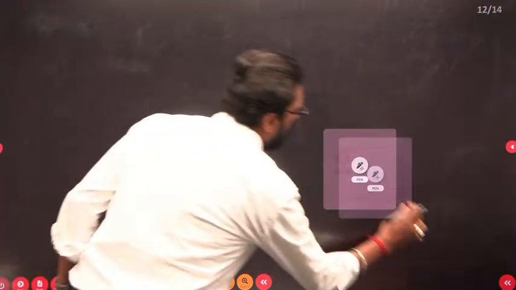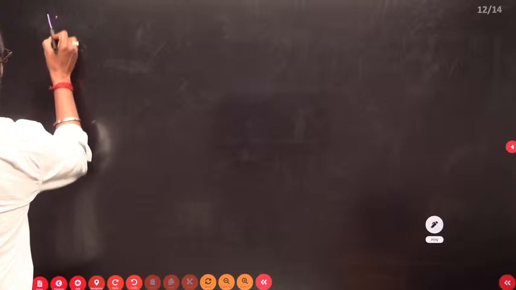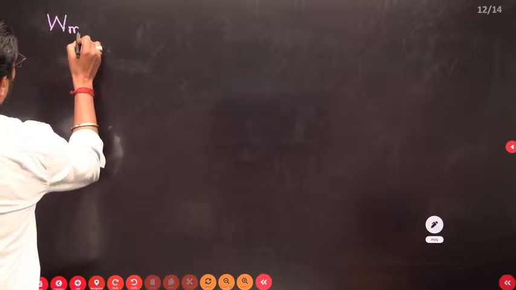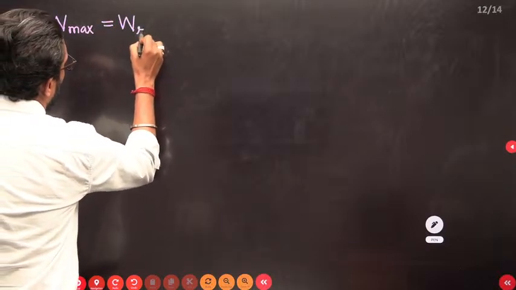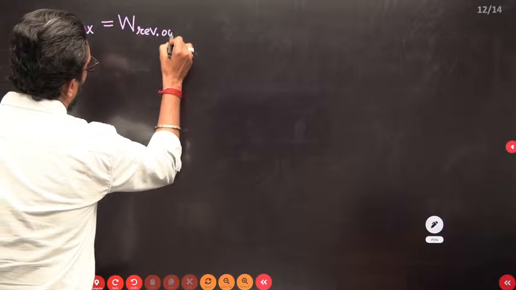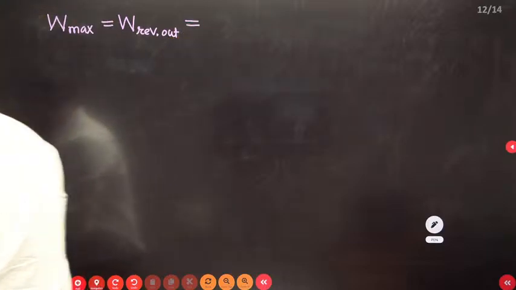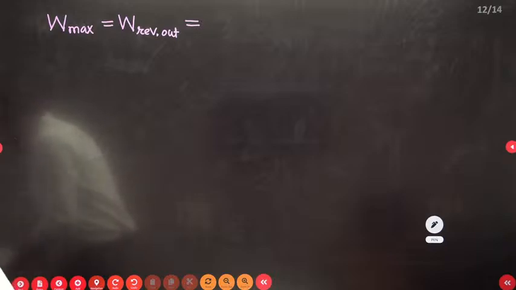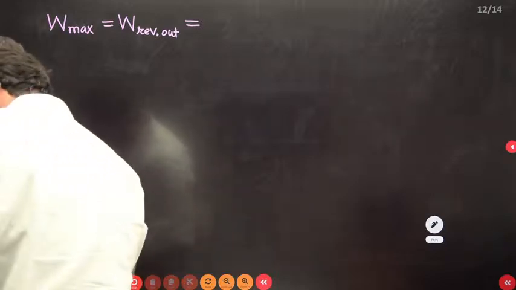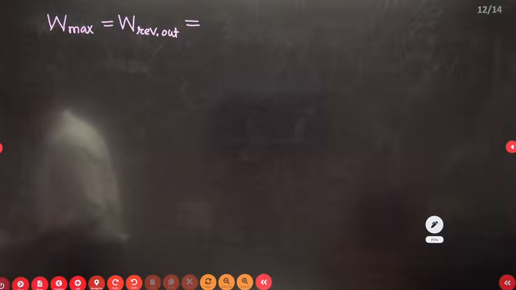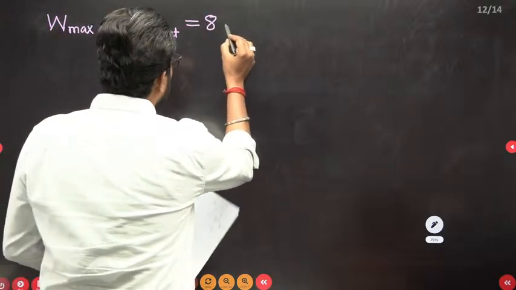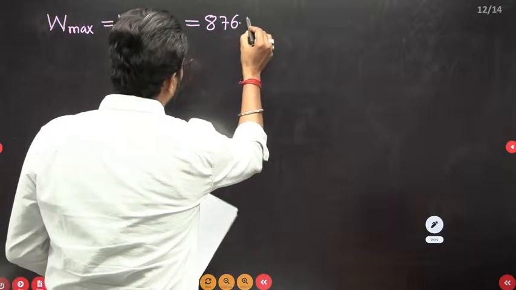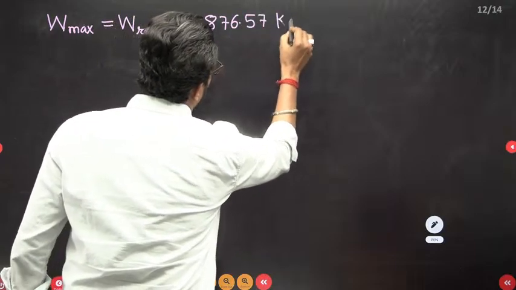So what is your maximum? This is your W reversible out. What is the value, beta? Please tell me. What is the maximum? The maximum is your 876.57 kilojoule per kg.